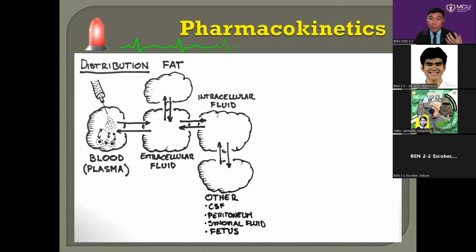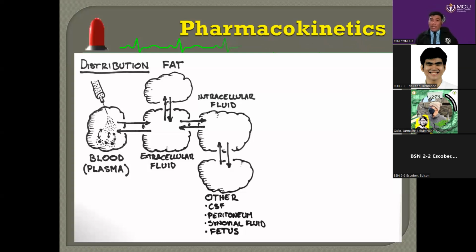So if the person is dehydrated, the first to leave the body and decrease in level are sodium and chloride. That's why if the person experiences loose bowel movement or frequent urination, you need to check the sodium and chloride. Moreover, there is also a compartment of the cell that facilitates distribution, which is the intracellular.